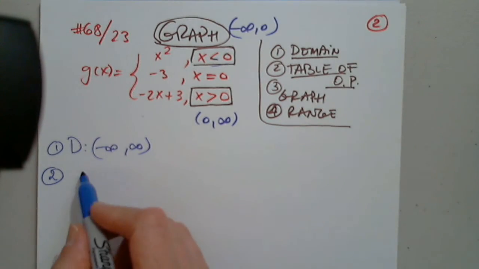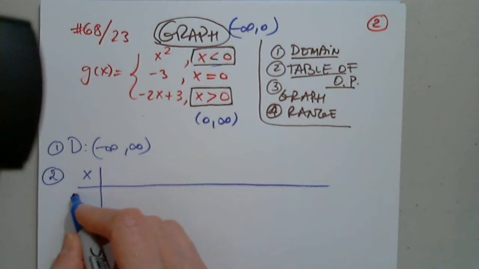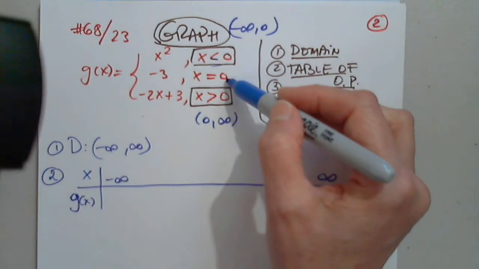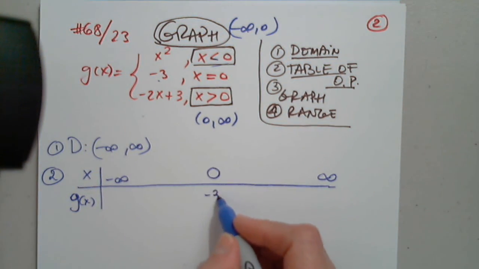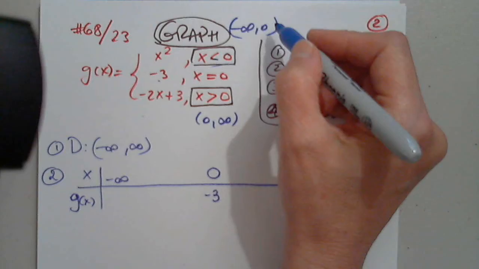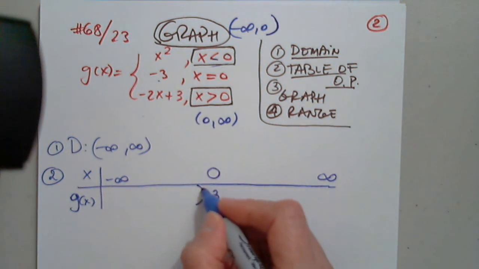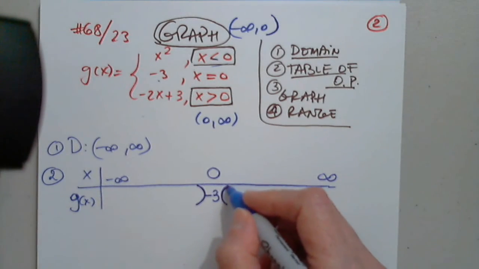Yes. Okay. So now the table of ordered pairs. This will not always be the case. Obviously, I have to have 0. This point is very important. 0, comma, negative 3. And you see this parenthesis under 0 to the left, and this parenthesis under 0 to the right.